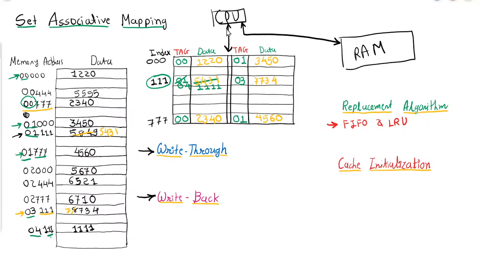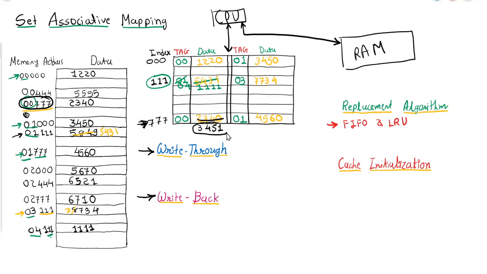First of all, let us discuss what write through is. Let's take an example of how the write through policy will work. We will take the example of index 777 and tag 00, so the memory location 00777. We are considering this value for write through. Now let's say the CPU is using this value and has updated it, means it has performed some computation, and because of that computation 2340 is converted into, let's say, 3451.